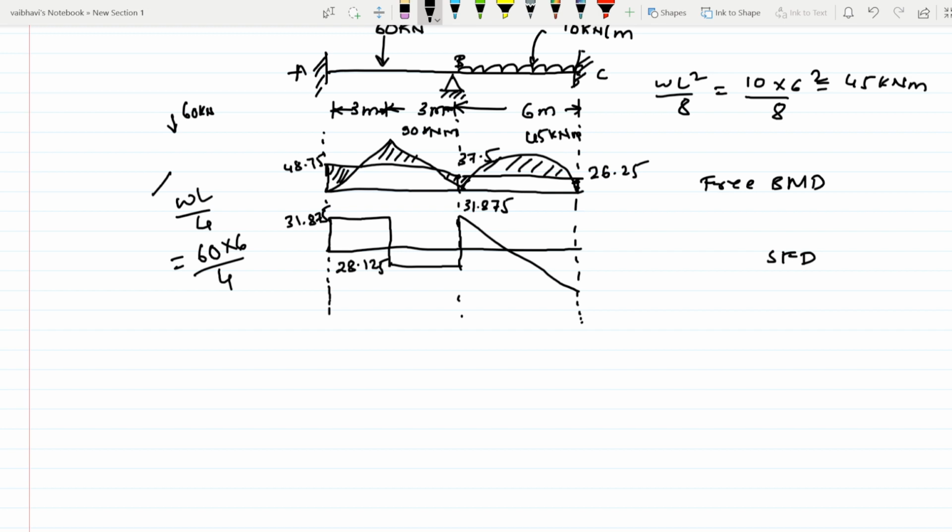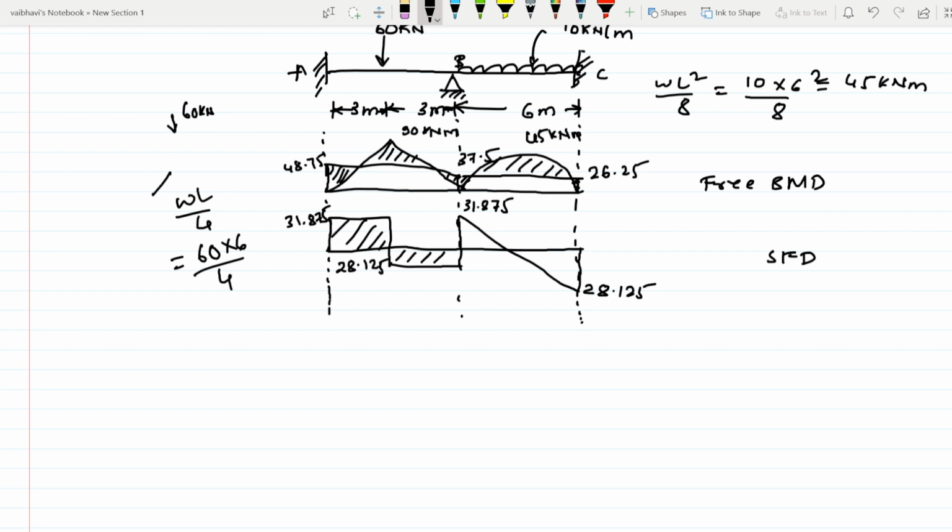We are getting minus 28.125. Then next, the RC value we have got, plus 28.125. So from minus, if we now add that RC value, we will reach the axis of the beam, this line. So your shear force diagram is done.